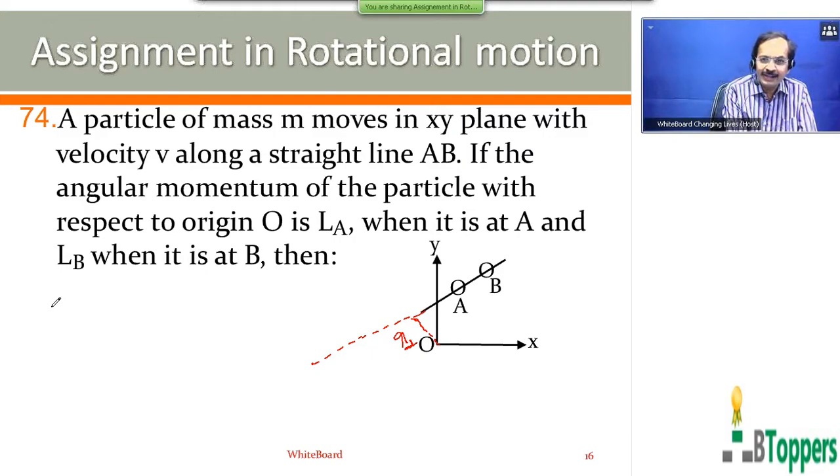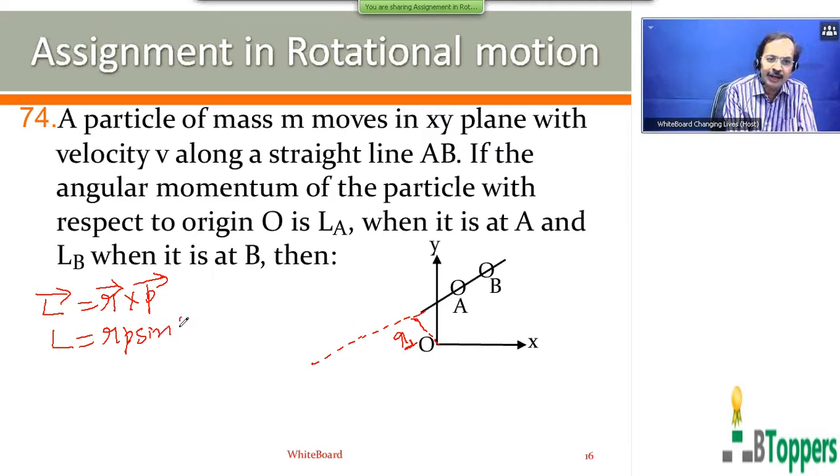In general, the angular momentum of the particle with respect to the origin O of a coordinate system is given by L bar equal to r bar cross p bar. So the magnitude of the angular momentum is rp sin theta, where theta is the angle between r bar and p bar, which you can also write as p into r perpendicular. Here r perpendicular is the perpendicular distance between the direction of the motion of the particle and the origin O.